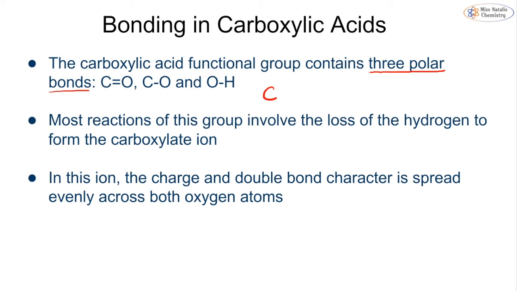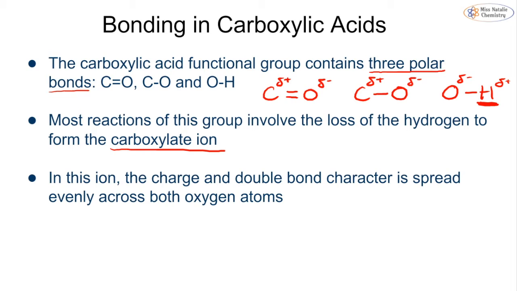We have dipoles in the carbon-oxygen single bond, and of course the oxygen-hydrogen, with the oxygen being the more delta negative of each of these because it is the most electronegative. So what we tend to find is that most of the reactions of this group involve the loss of this hydrogen to form what we call the carboxylate ion.